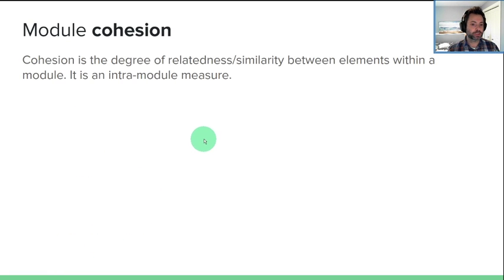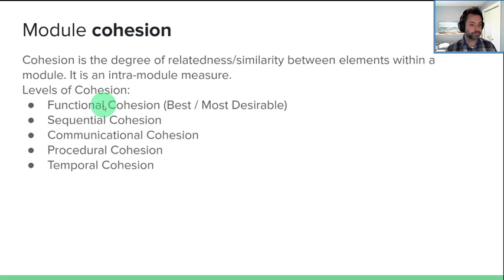So what is cohesion? Basically, this is how interrelated things or elements are within a class or within a module. Basically, you're looking to see how single purpose your class is. So let me pop all the things that we have up here.